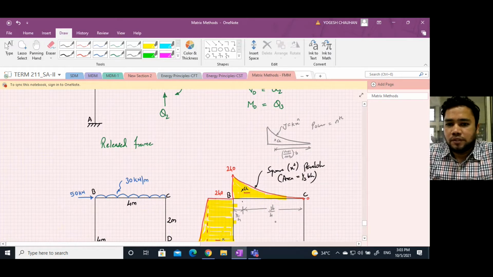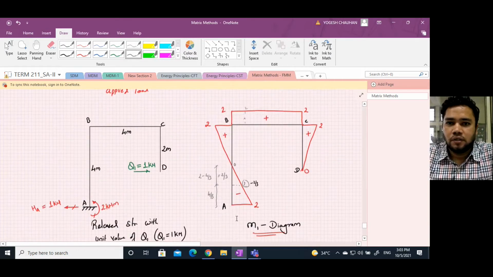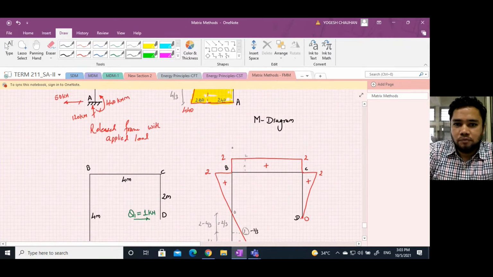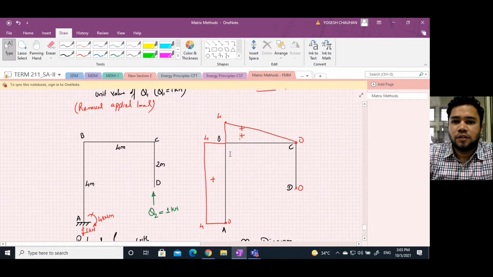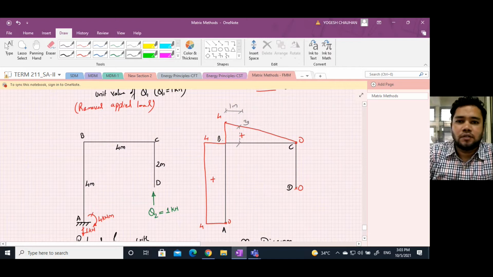So in this case this will be 4 by 4, that means 1 meter, and this will be 3 into 4 by 4, that is 3 meter. So you find the ordinate at 1 meter distance from B. What is the ordinate here? See, in 4 meter it is 4, so in 3 meter it will be 3. The ordinate will be 3 here.